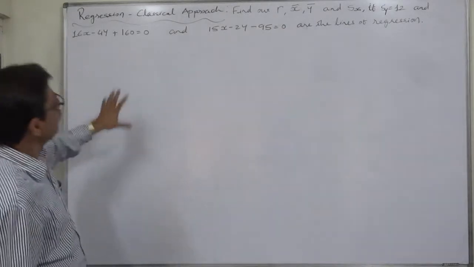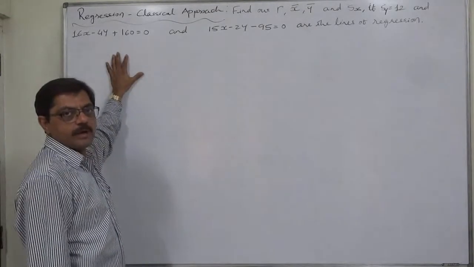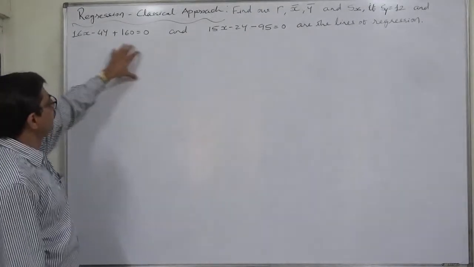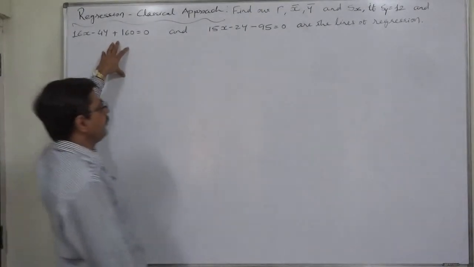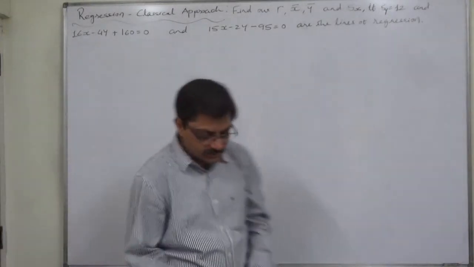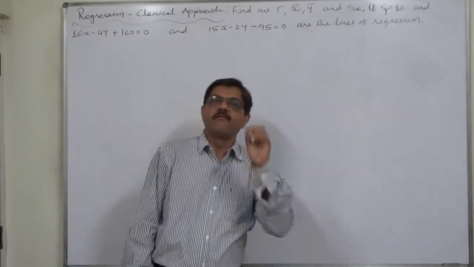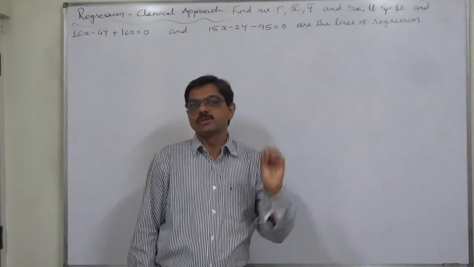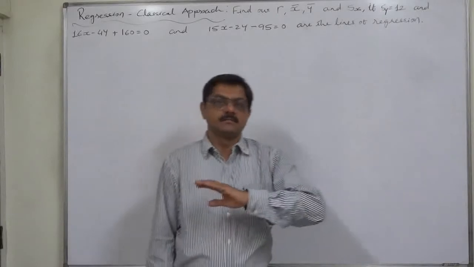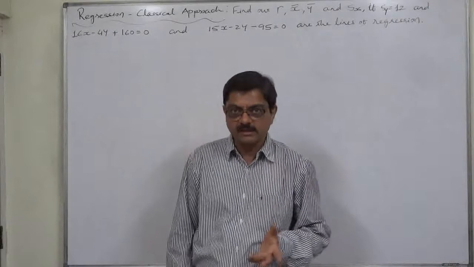For that purpose we need to decide which of these two is the line of regression of y on x and of x on y. As usual, I suggest taking the first as the line of regression of y on x and the second as the line of regression of x on y. Why should we take the first as y on x every time? In mathematics, it is the basic axiom that y is dependent on x.